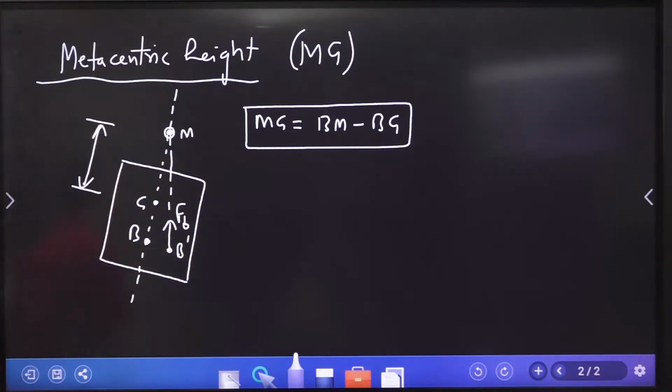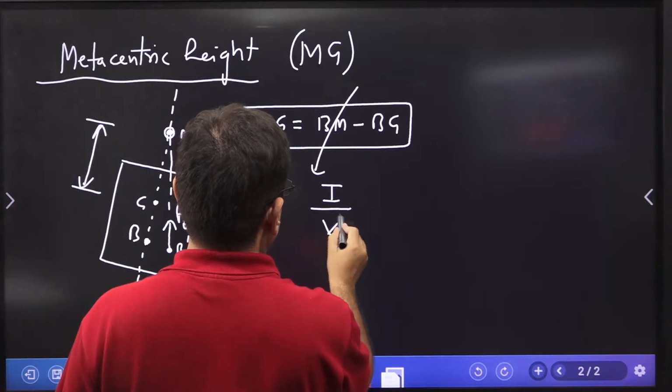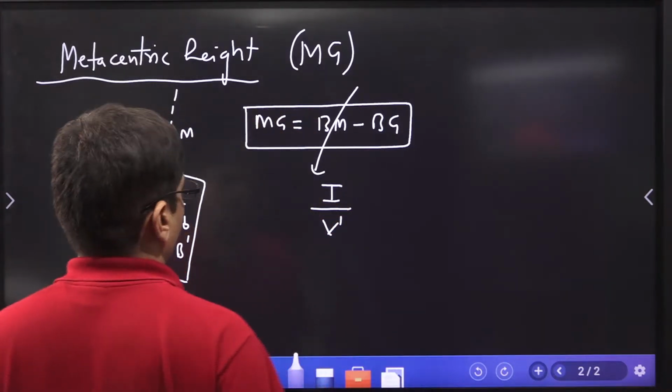Now there is a way to calculate BM. And how do you calculate BM? That is I over V dash. What is I?